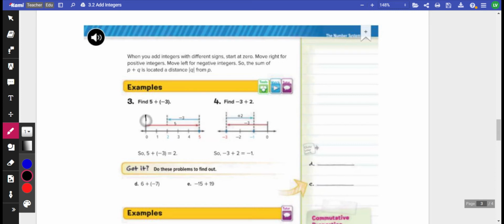Well, you start at the 0. Then you're going to add 5. That means you're going to the right 5. So you're adding 5 to this point. Then from there, you want to go to the left 3 because you were taking away 3. That's negative 3. That leaves you with the value at 2. So 5 plus negative 3 equals 2.